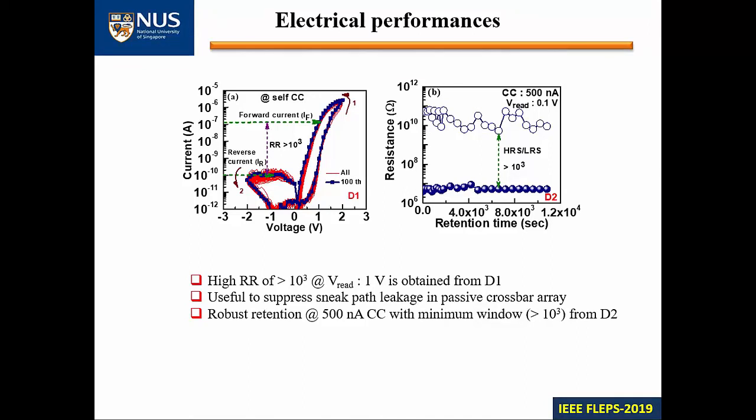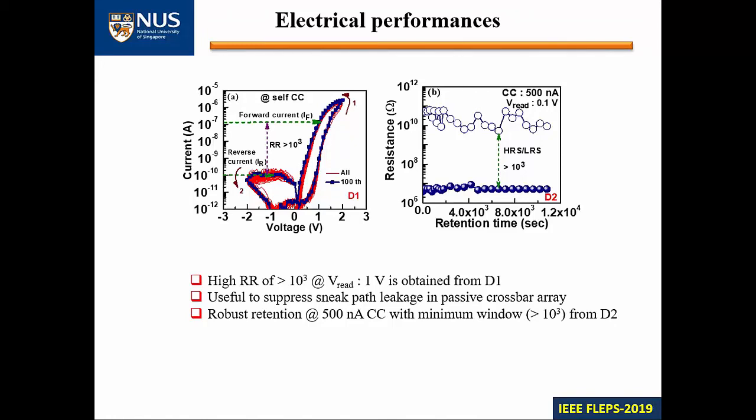For further electrical characterization, here is D1. We tested D1 for 100 times, and on average the rectifying ratio was larger than 10 to the power of 3 at a read voltage of 1 volt.